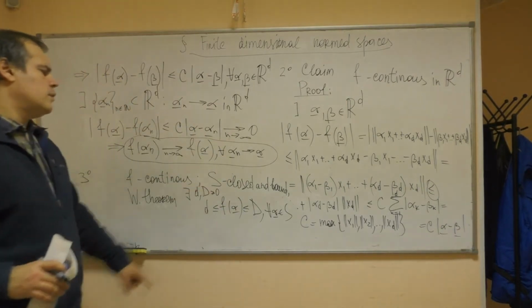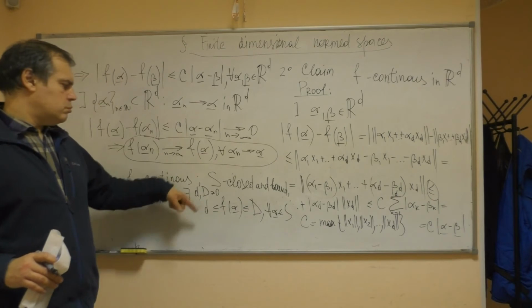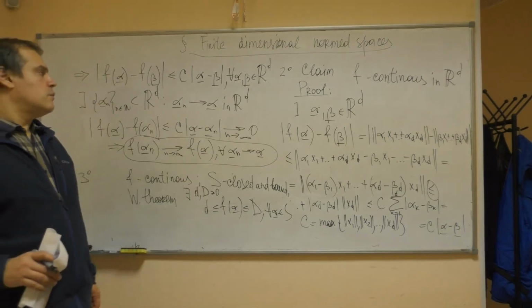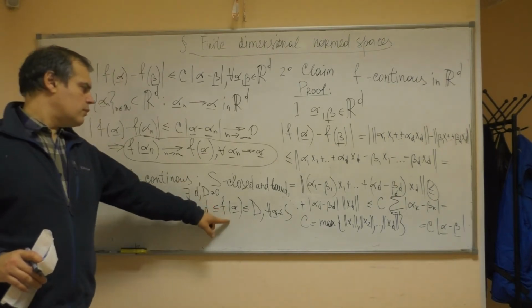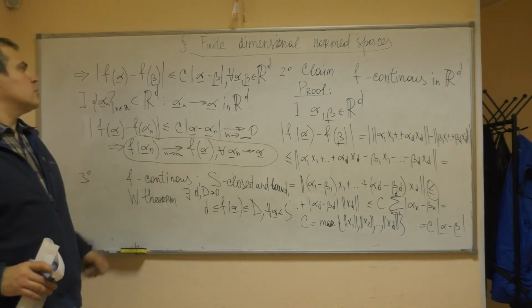so we can find two non-negative values. Non-negative because function f is non-negative, it is norm.